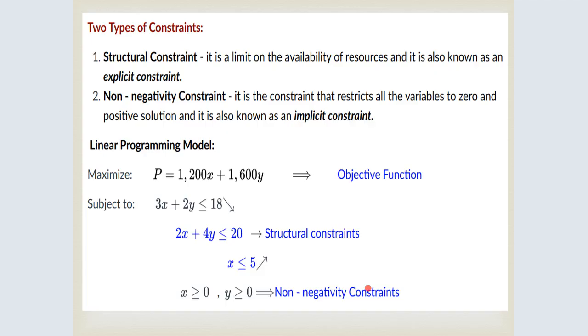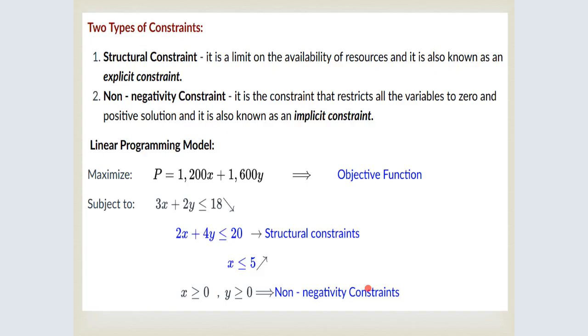So, for example, for the linear programming model, let's say first we have to maximize P equal to 1200x plus 1600y, by which if we maximize or minimize, meaning we are getting the objective function. Subject to, so these are the constraints: 3x plus 2y less than or equal to 18.